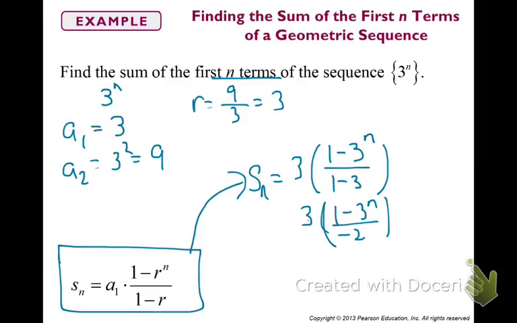This again is what? 3 over 1. So when I move this -2 out, what am I going to have on the outside? -3 over 2. And then on the inside, since we've pulled that out, then we just have the 1 minus 3 to the n. And that's all we can do, right? Unless they told us to find the sum of the first 20 terms or something like that.